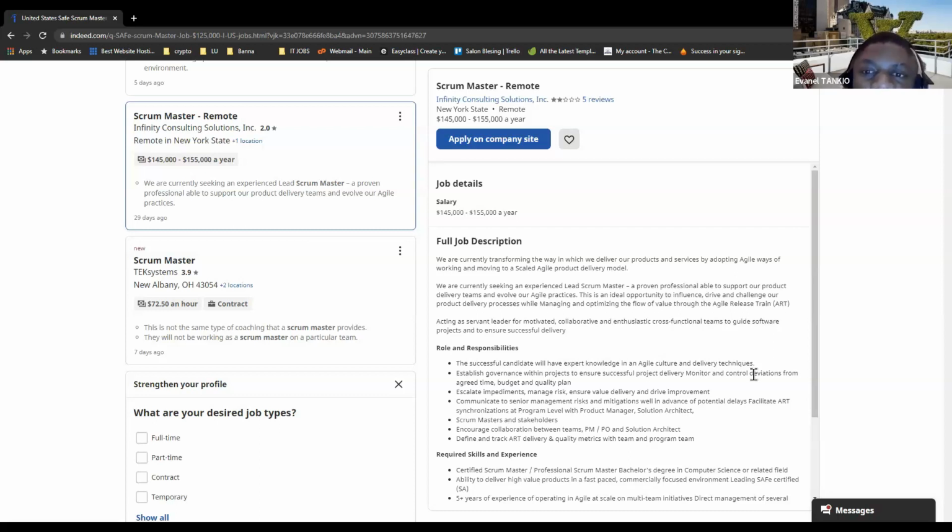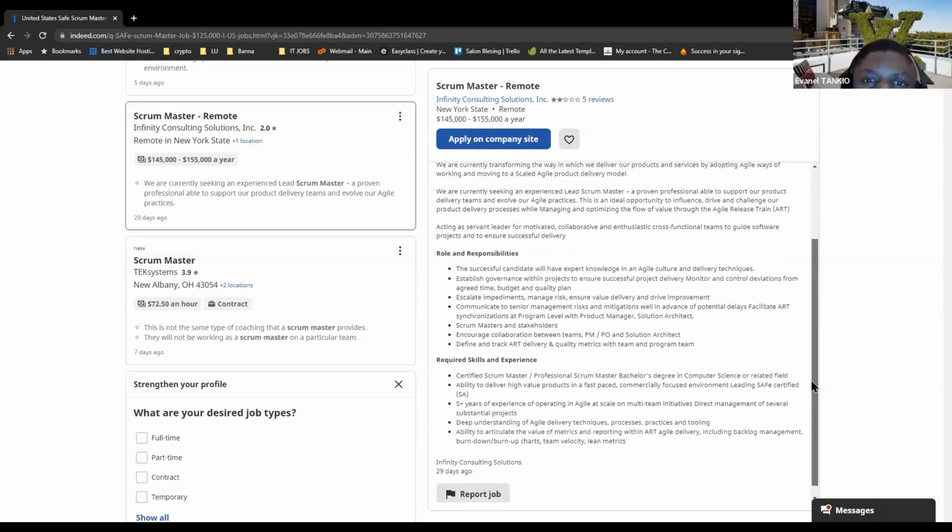This is an ideal opportunity to influence, drive, and challenge our product delivery processes while managing and optimizing the flow of value through the agile release train. Acting as servant leader for motivated, collaborative, and enthusiastic cross-functional teams to guide software projects and to ensure successful delivery.